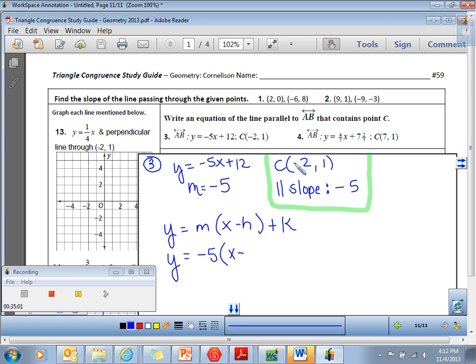X minus, it's going to be +2, right? Because it's x minus -2, so it's a +2. Plus 1. Okay, and then we could get in slope-intercept form. You just distribute like this. What's negative 5 times x? What's negative 5 times 2? Then plus 1. So what is your negative 5x minus 9?